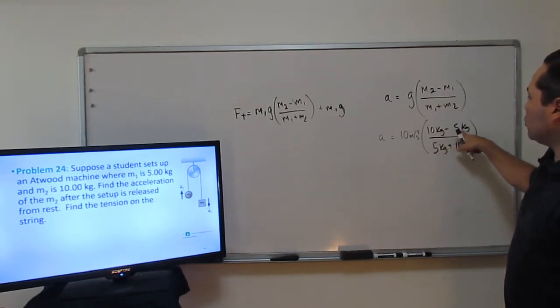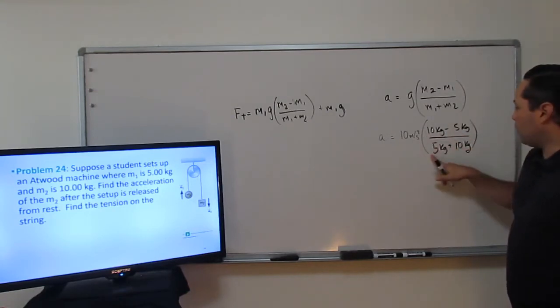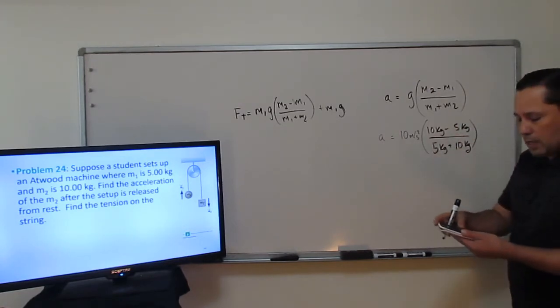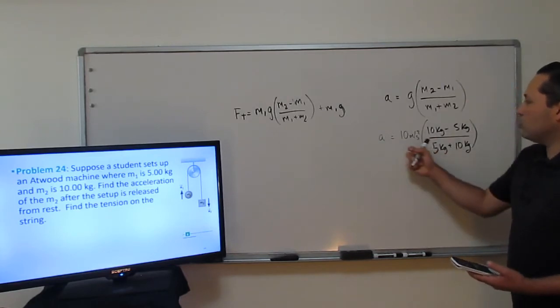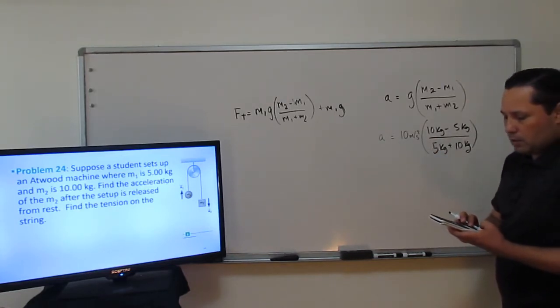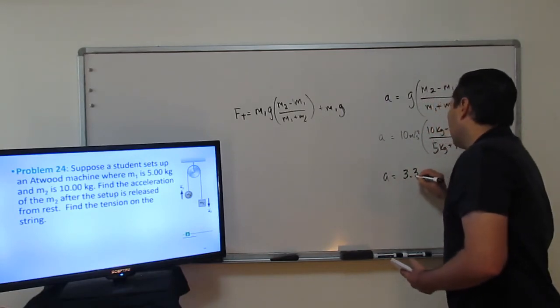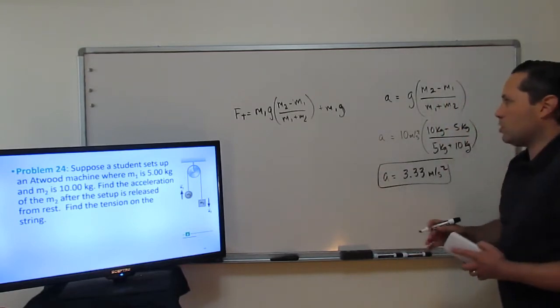Alright, so we subtract. 10 minus 5 is 5, 5 plus 10 is 15, so 5 divided by 15 gives us 0.33 multiplied times 10, and that gives us an acceleration of 3.33 meters per second squared. That will be our acceleration.